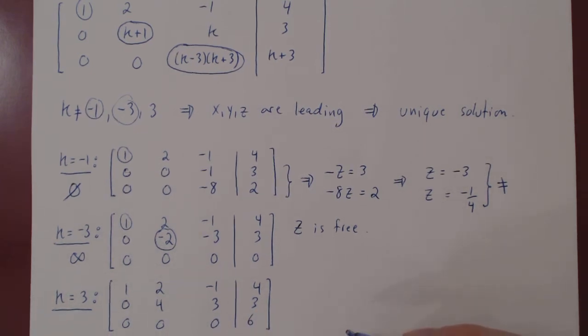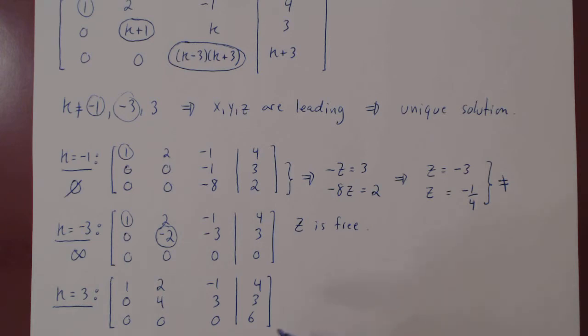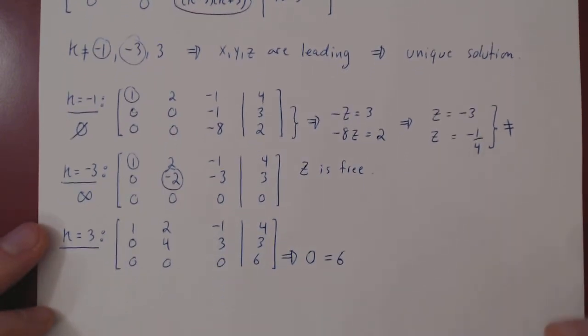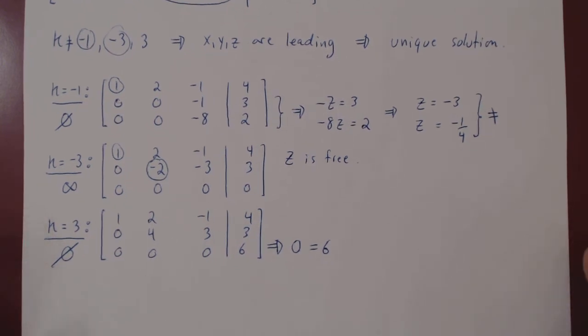And now we have an obvious conclusion. Look at the bottom row. 0x plus 0y plus 0z, no matter what the choice of x, y, and z is, is equal to 0. This would have to equal 6. Well, 0 is clearly not equal to 6. The system has no solution, therefore it is inconsistent. No solution. And so we're done.